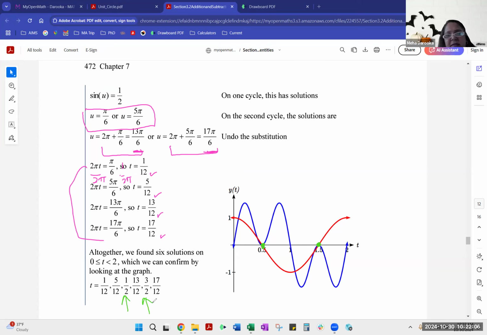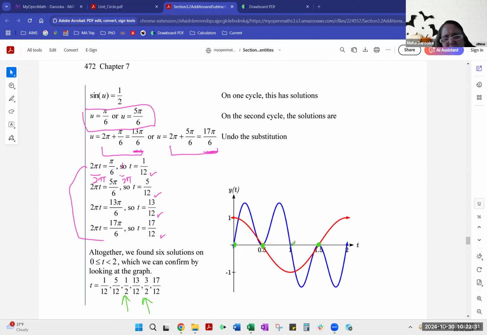And then for the sine function, I think this should be 1/12. You should have 5/12. I think it's overlapping with the dot I have for 0.5.